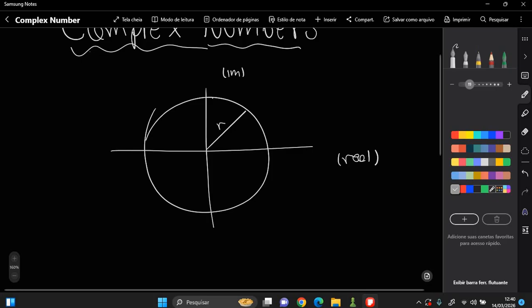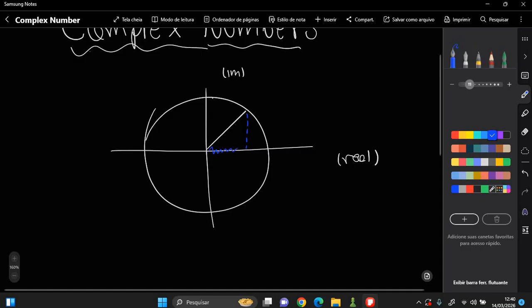like we were seeing, this vector we can decompose in axis components.